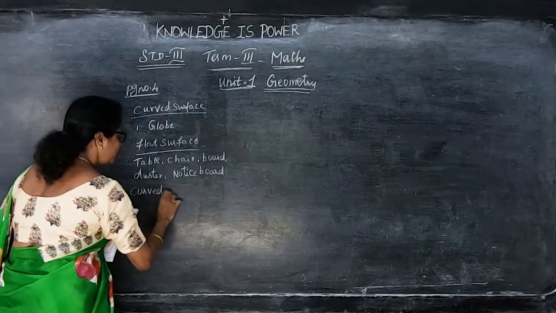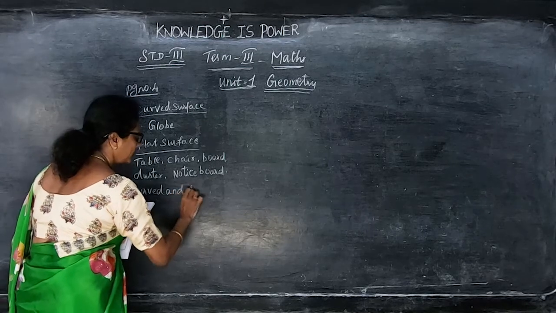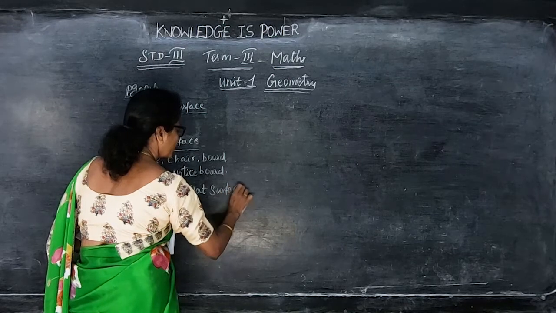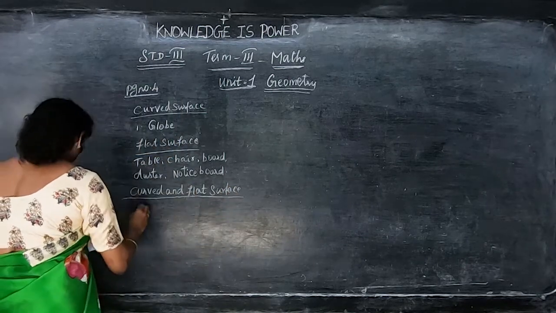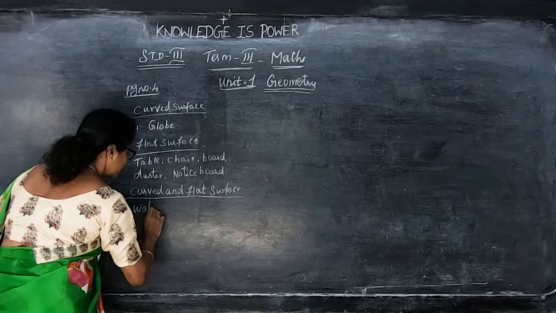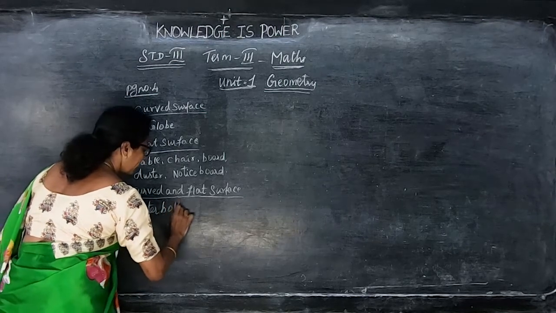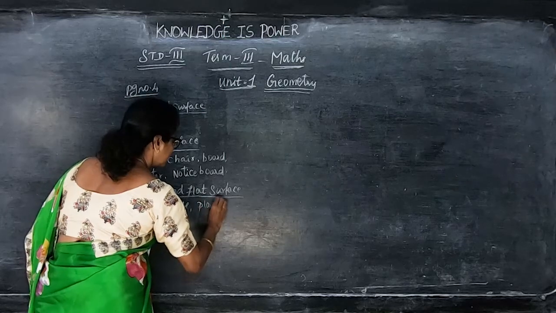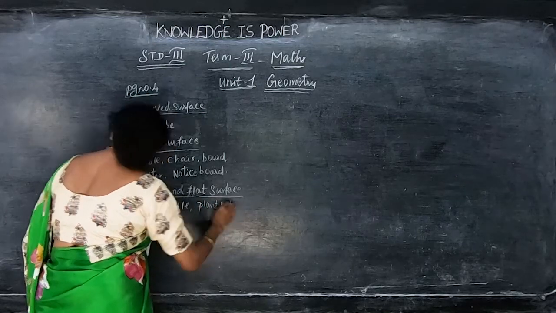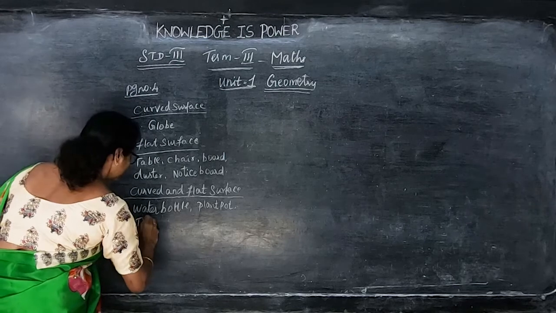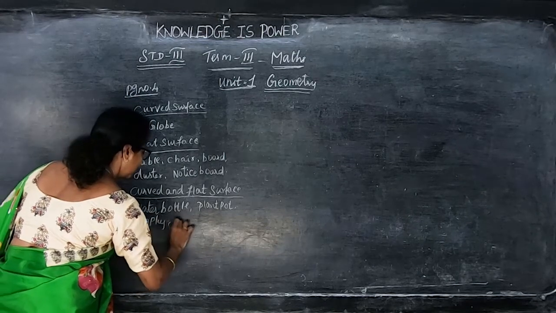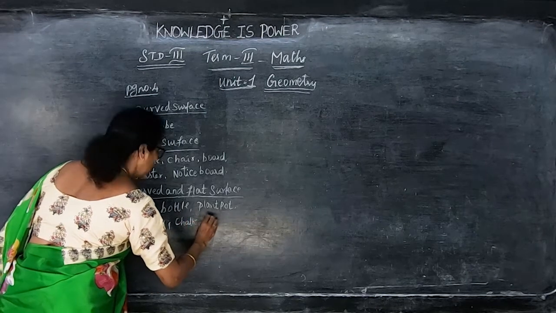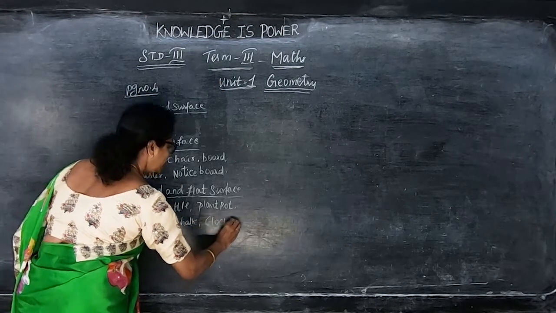Which is a curved and flat surface? Water bottle, plant pot, trophy, chalk, and then clock. So these are the curved and flat surfaces.